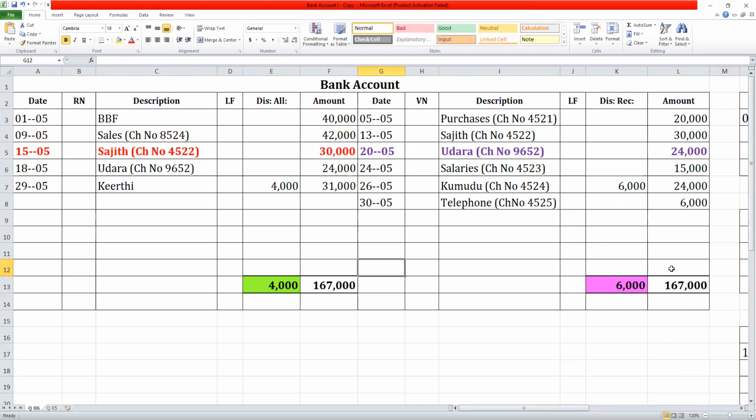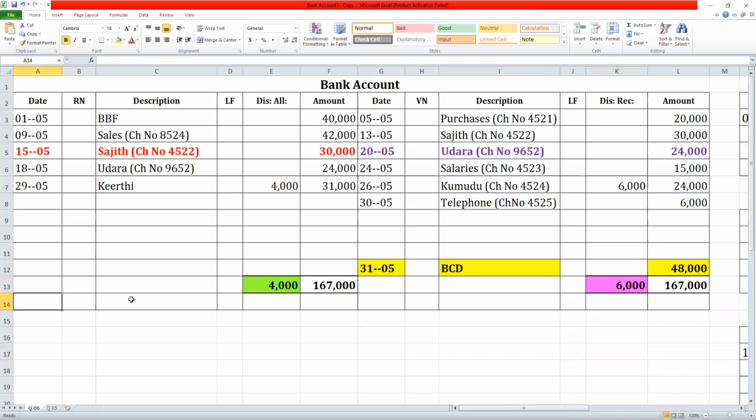I have to record the closing balance as at 31st May 2022, balance carried down: 167,000 minus 119,000. Balance carried down is 48,000.